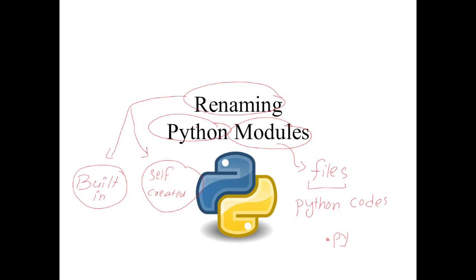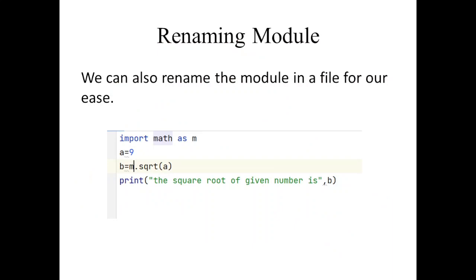If we are going to use any of these modules and we want to import them in our code with a new name, then we simply use the keyword as, and it will import this module under a new name.